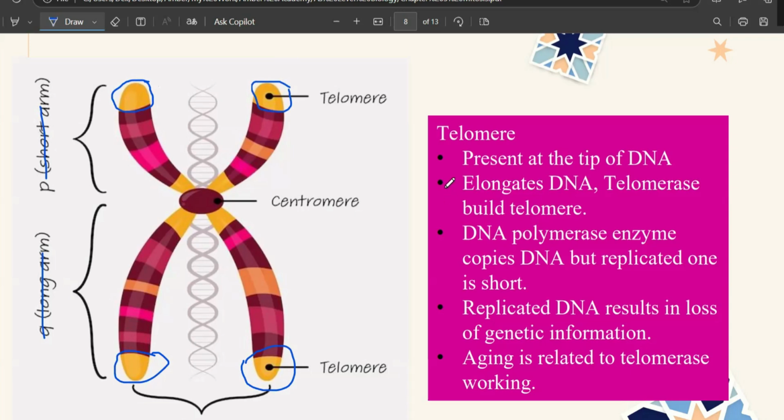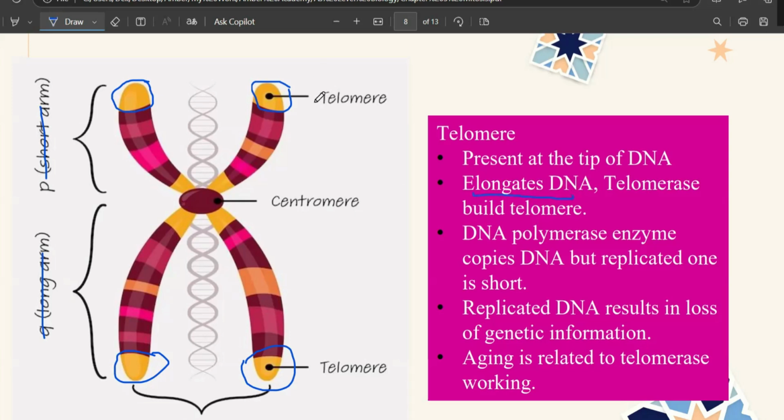So initially what you're supposed to write is its location, that it's present at the tip of DNA or it is present at the tip of your chromosome, like you can see. Okay, so this is very self-explanatory that the location of telomeres is towards the end or towards the tip of your DNA or chromosome. Then your telomere elongates the DNA.